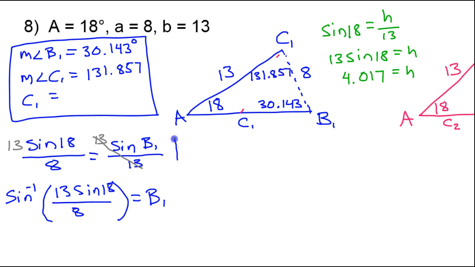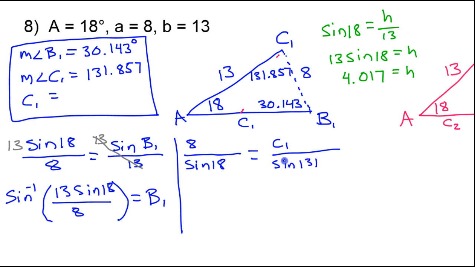Now, to find side C, I can just do the law of sines again. But since I'm looking for a side this time, I'm going to put sides in the top. So this time I'm going to do 8 over sine 18 is equal to C1 over the sine of 131.857.